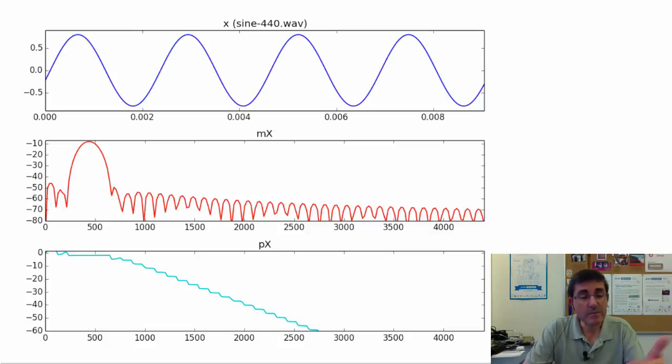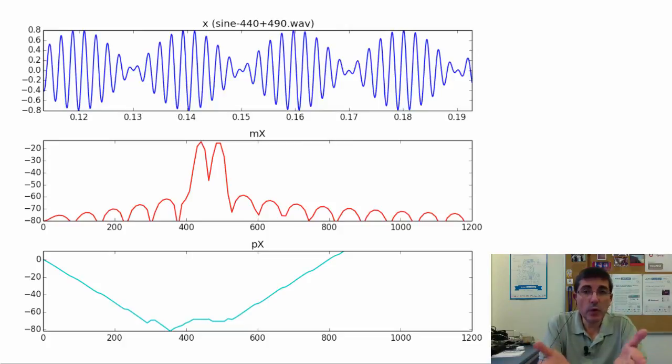And we see the shape of the window that we use, centered at the frequency of the sinusoid, which is 440 hertz, which of course we can listen to. And this is its spectrum. A peak centered at 440 hertz, and the phase during the main lobe is flat, which corresponds to the phase of that sine wave at location 0.